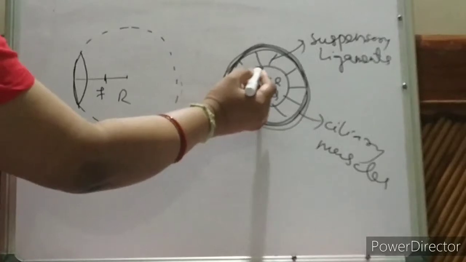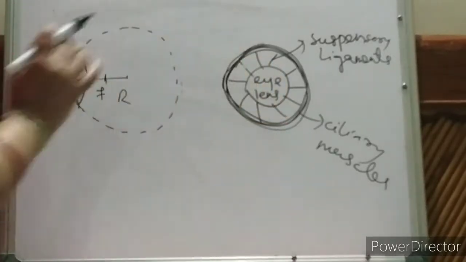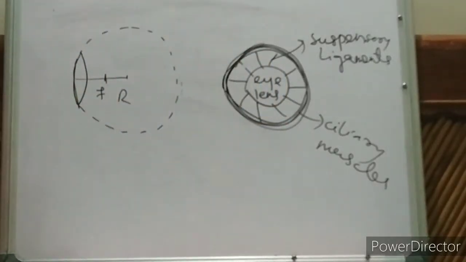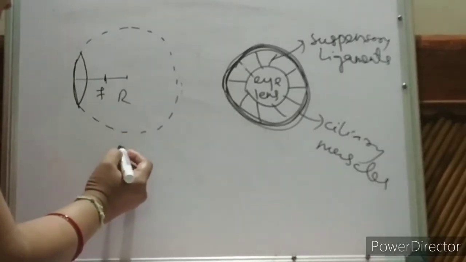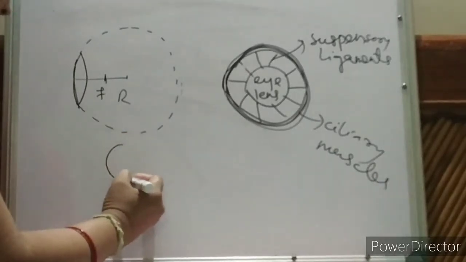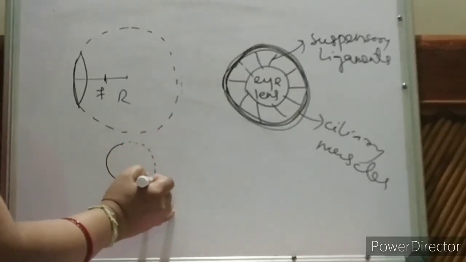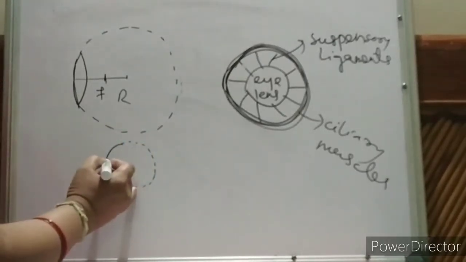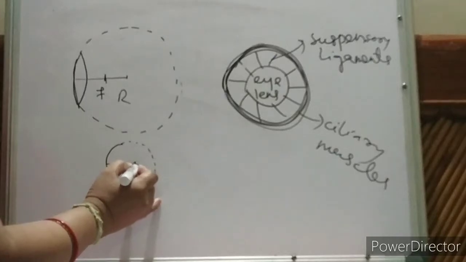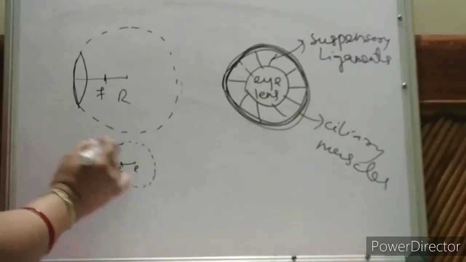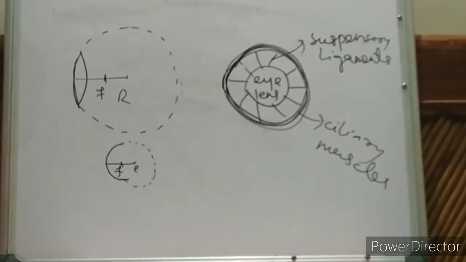Now, when this lens becomes thicker, that means more spherical, more curved, it will be part of a smaller circle. See now the radius of curvature, and this is your focal length. So focal length is getting reduced. Is it clear?